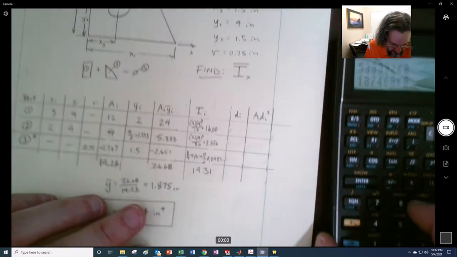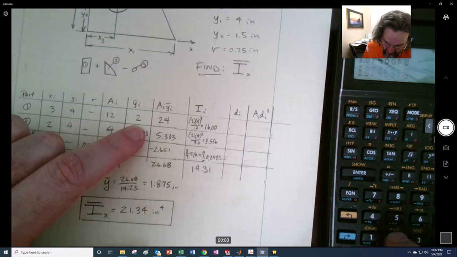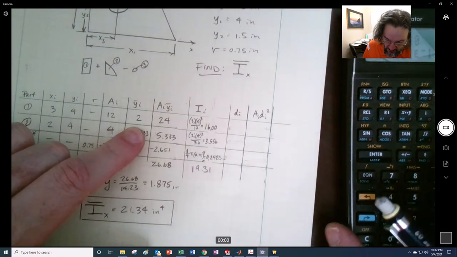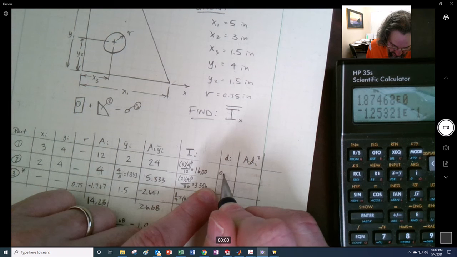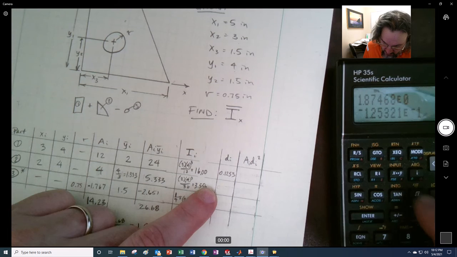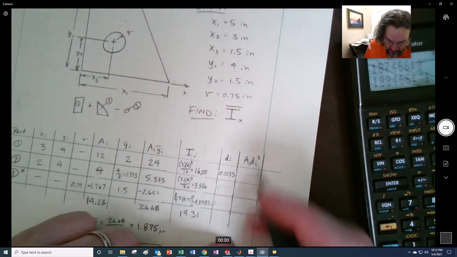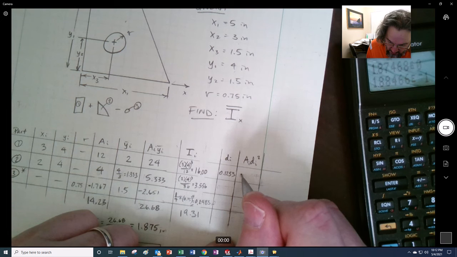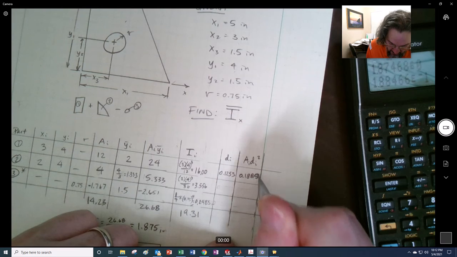But let's see, so we have, here is this. Let's subtract out 2 from it. So that ends up being 0.1253 and square it and multiply it by 12. And we get a small number. Interesting. 0.1885. Right?